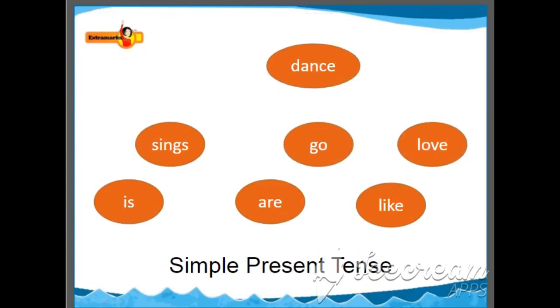The verbs is and are tell us what Rita, Rahul, and Reena are in present time. The verbs sings, like, go, love, and dance denote action in the present time. All the verbs given above are in simple present tense.